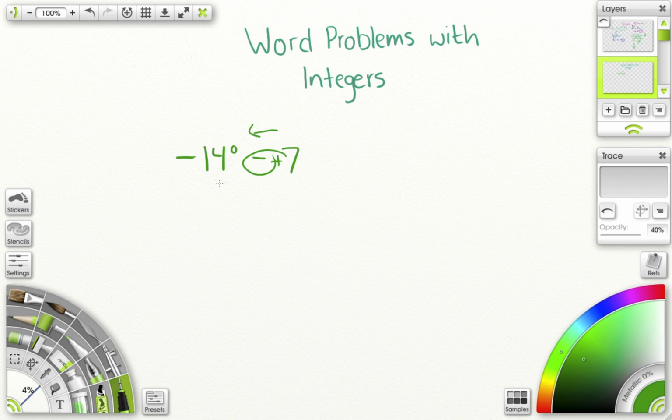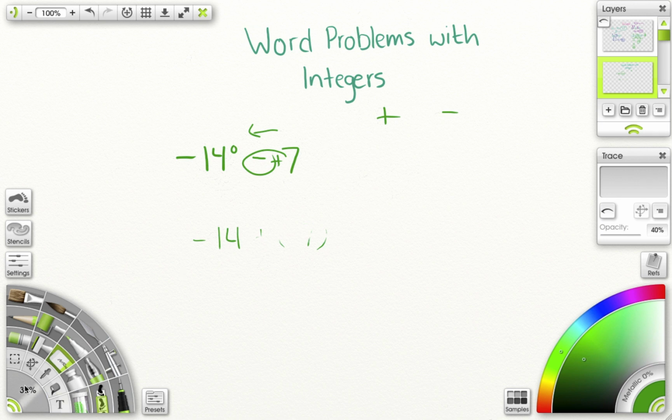So right off the bat, I have to choose the operation, either addition or subtraction, that would make me move further left. So what's the other way I could do this? I could do negative 14 plus negative 7, and that would also make me move left. However, I'm not adding 7 degrees to that negative 14. It dropped, as in I'm taking away 7 degrees from 14. So I can't use this one.